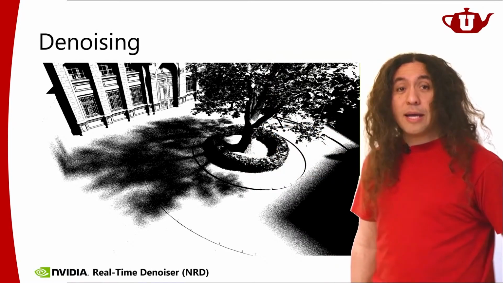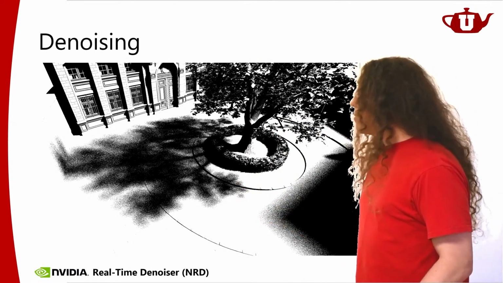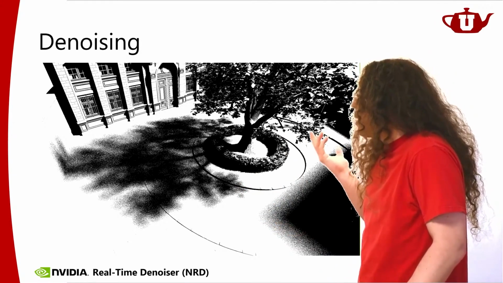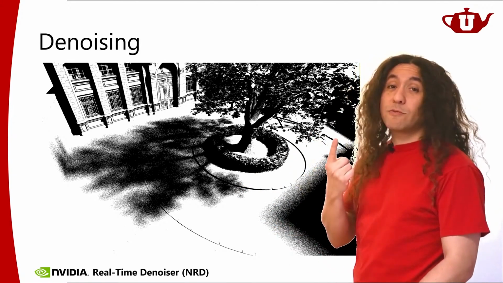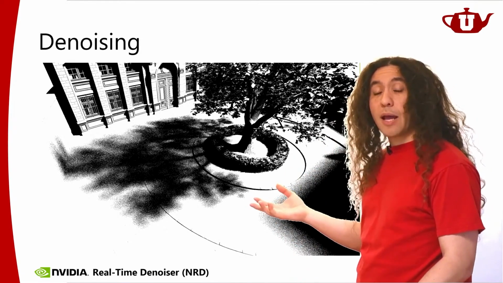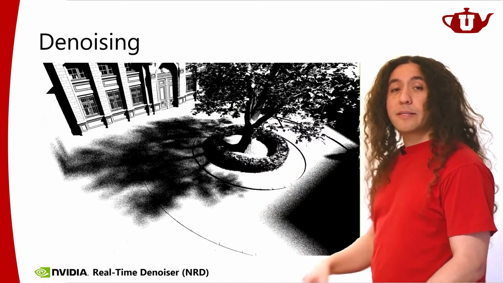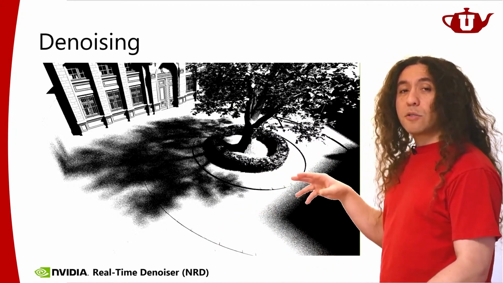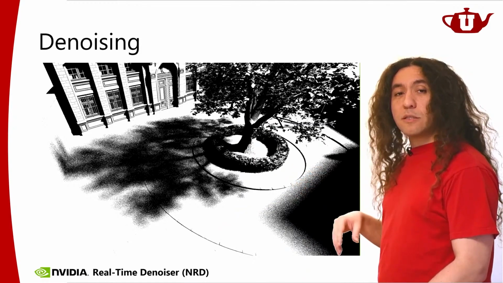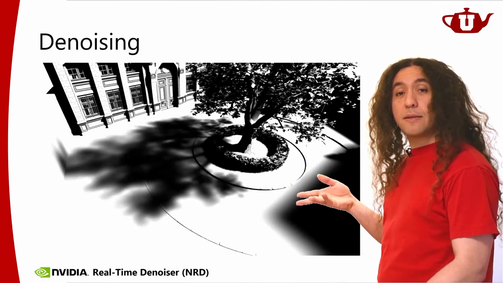So we're going to take this image, generate it with as many ray samples as we can afford, typically just 1. And then we're going to run a denoiser. The denoiser is going to work in image space, and it's going to basically blur out all these regions, and you're going to get an image that looks like this, right?